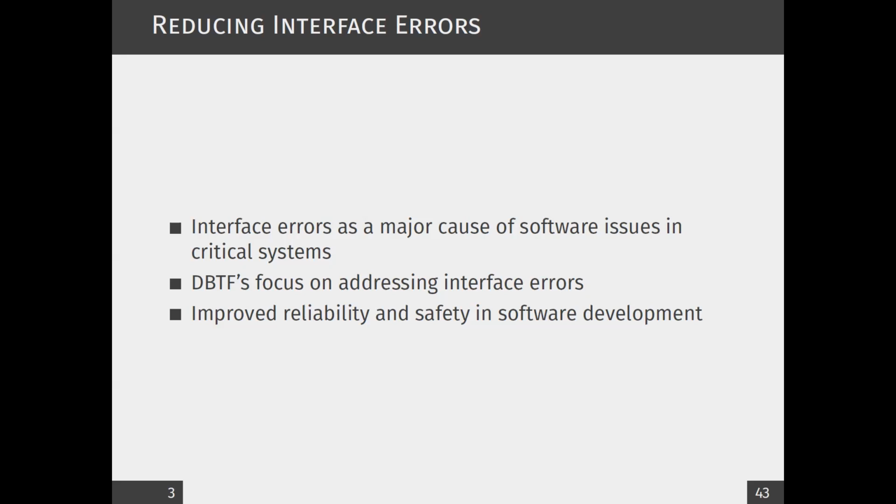So these are what we call interface errors. They are the major cause, usually, in very complex software systems. So the focus is addressing or reducing these interface errors. By doing so, we can expect much improved, reliable, safe software development.